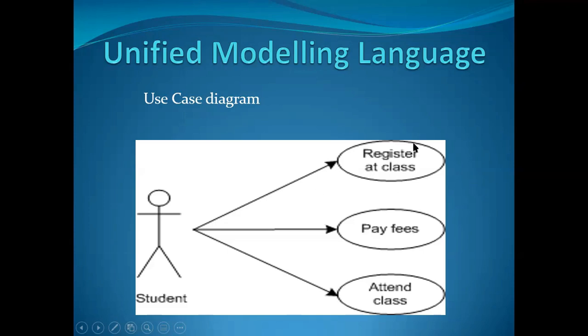The tasks they do, the use case, what they do with the system and how they interact, I can easily show on the system. So that's just a use case.